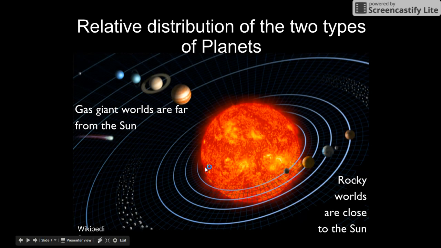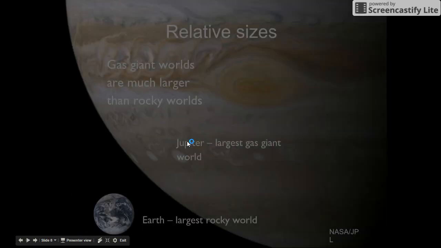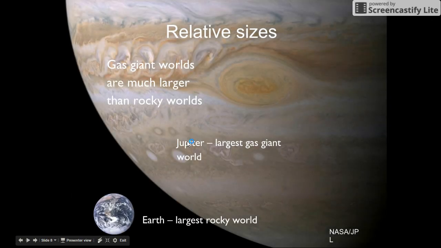The relative distribution of the 2 types of planets is like this. When you see this visual, it helps. The rocky planets are closer to the sun, while the gas planets are farther away from the sun. Relatively in size, though, gas planet worlds are much larger than the rocky worlds. Jupiter is by far the largest gas giant in our solar system.